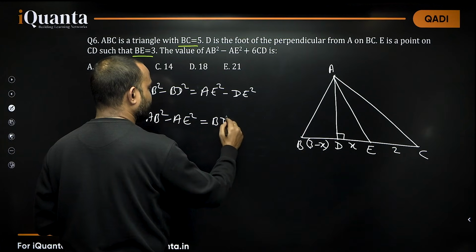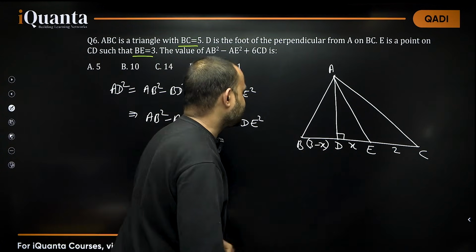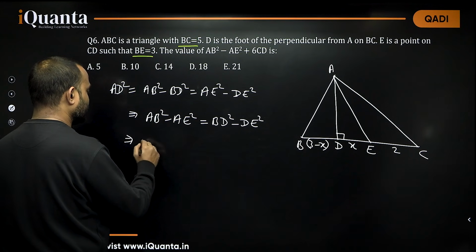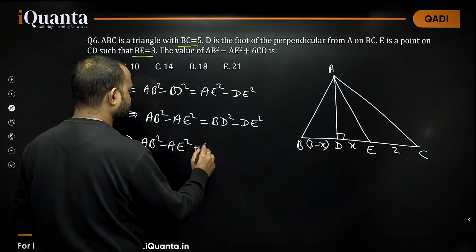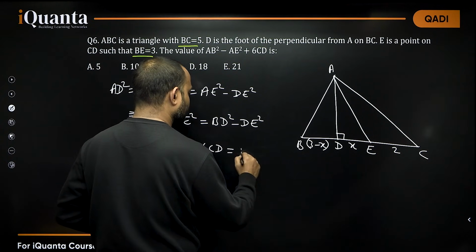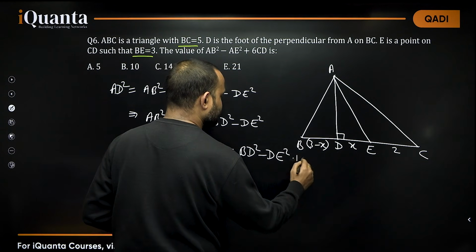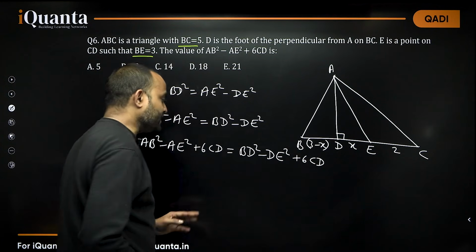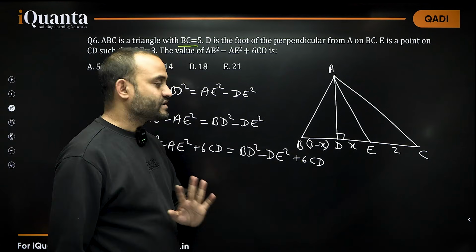So AB square minus AE square, we already got this. And then we have BD square minus DE square, BD minus DE. Then what we need to find? We need to find AB square minus AE square plus 6 CD, right? So let's write it down. BD square minus DE square plus 6 CD. Now we need to figure out only this value, nothing else.